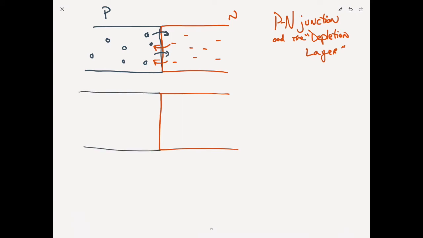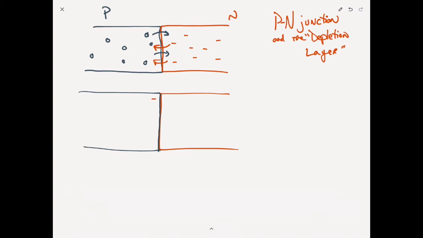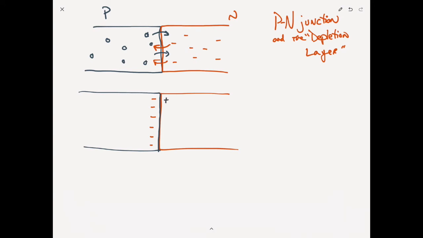On the P-type side, because the electrons have migrated over to balance out the holes, the P-type side is now actually negatively charged. It was neutral, but it gained some electrons, and it's now negative, in the very, very small region next to the surface interface. The N-type side is positive because it gained some holes, some positive charge carriers.